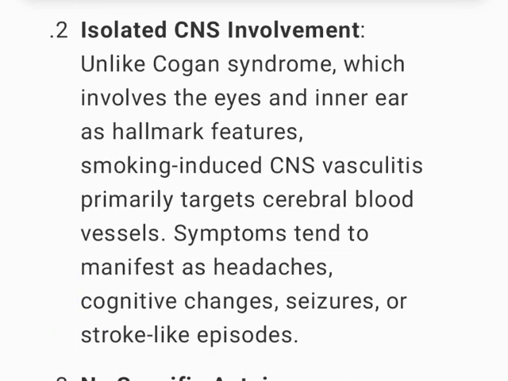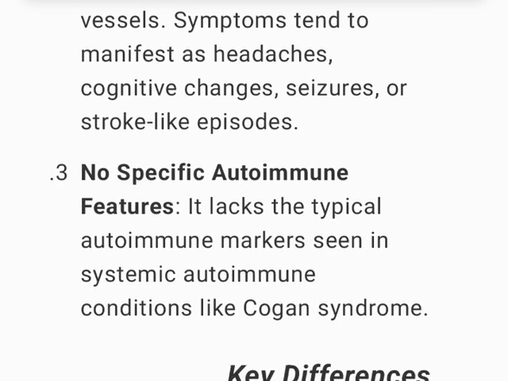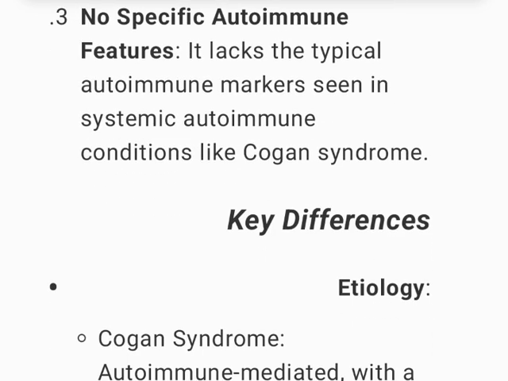Two, isolated CNS involvement. Unlike Cogan syndrome, which involves the eyes and inner ear as hallmark features, smoking-induced CNS vasculitis primarily targets cerebral blood vessels. Symptoms tend to manifest as headaches, cognitive changes, seizures, or stroke-like episodes. Three, no specific autoimmune features. It lacks the typical autoimmune markers seen in systemic autoimmune conditions like Cogan syndrome.